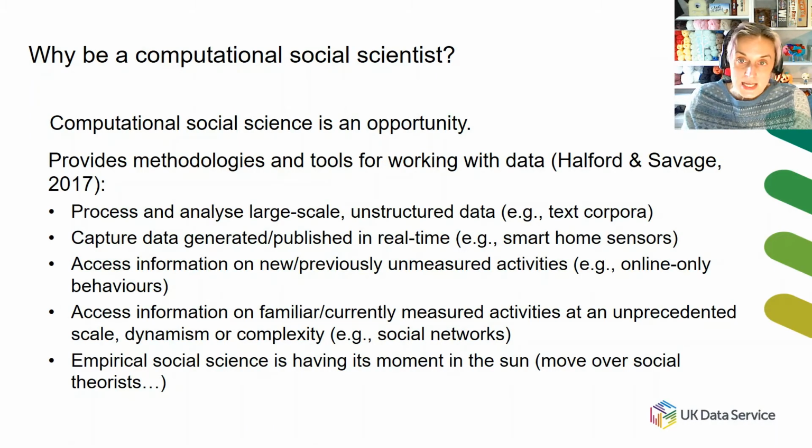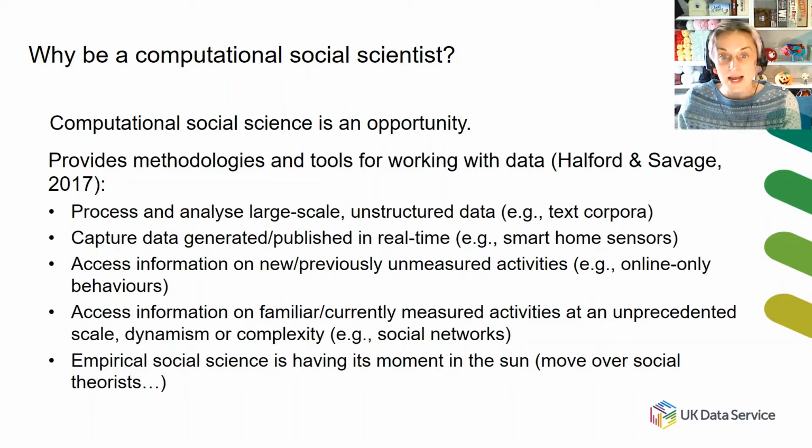But beyond an opportunity, computational social science is a methodology or a toolkit for working with data. That covers processes and approaches to large-scale or unstructured data, how to capture data generated or published in real time, how to access information on new or previously unmeasured activities. For example, things that are only online could not have been measured previously without computational social science methods.